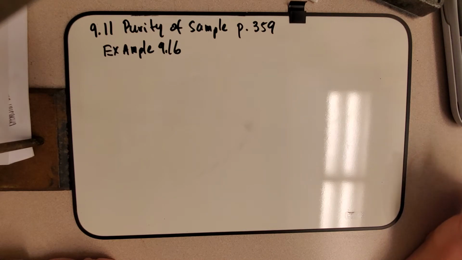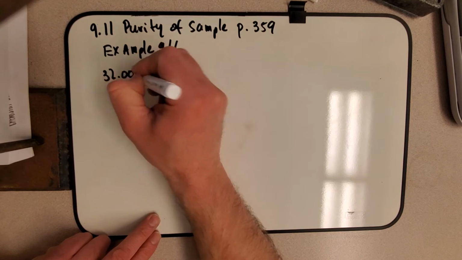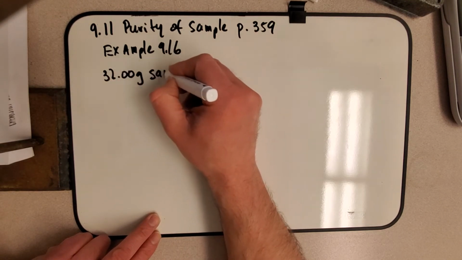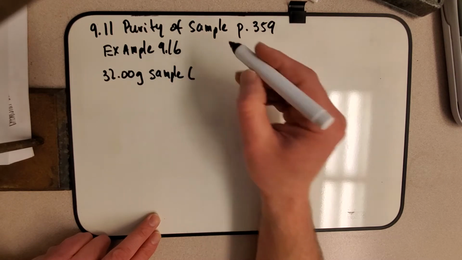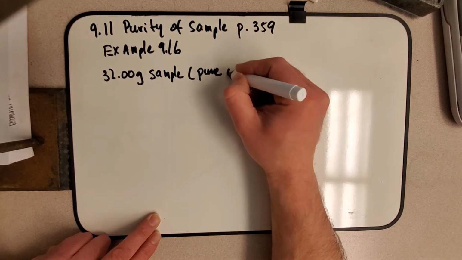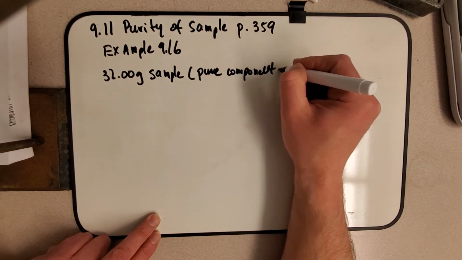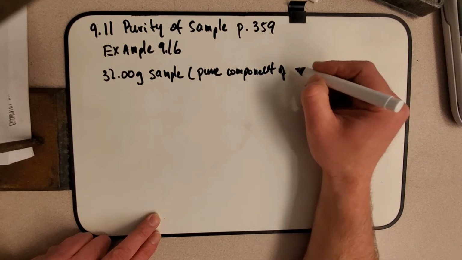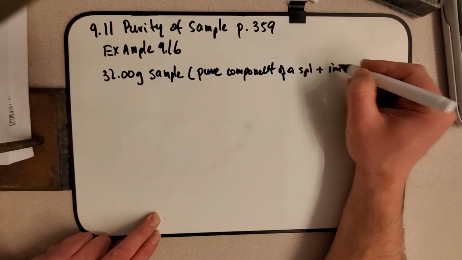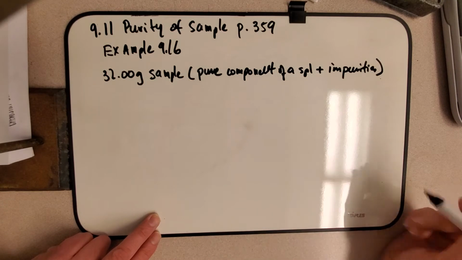Okay, so let us say that we have 32.00 grams of a sample, and what that implies is that this has a pure component of the sample, plus impurities. And there could be many impurities in the sample.